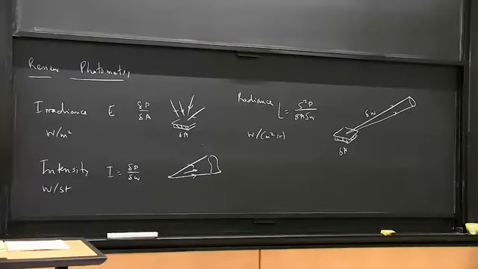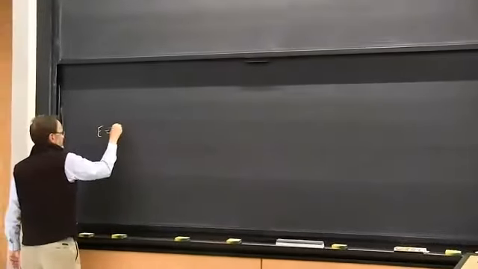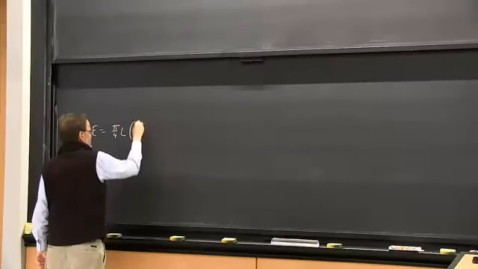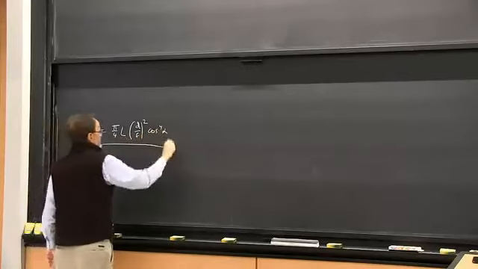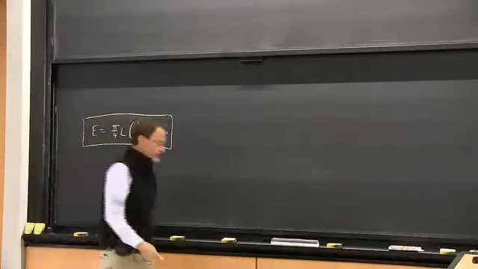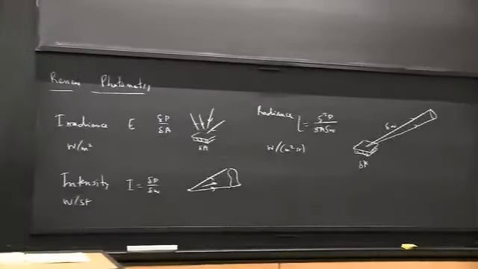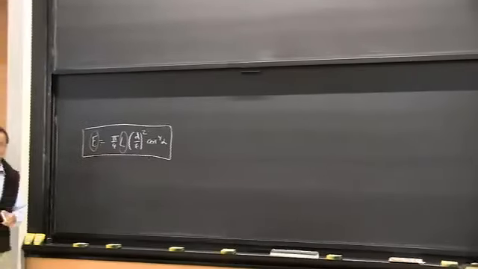Okay, so we then looked at cameras and anything with a lens in it, and we came up with this relationship between the radiance of a surface that we're imaging, that's L, and the irradiance E of the corresponding part of the image.